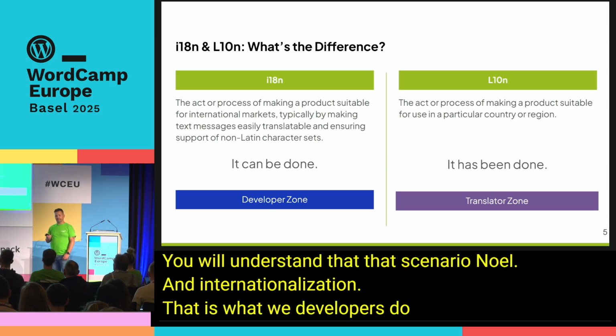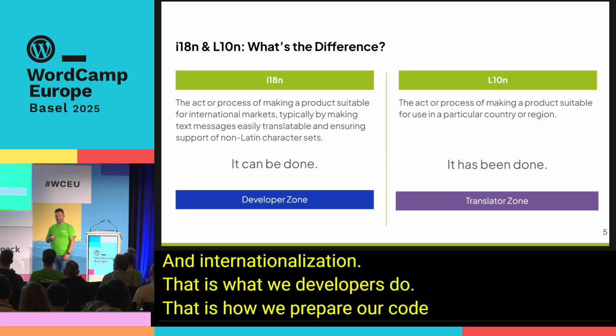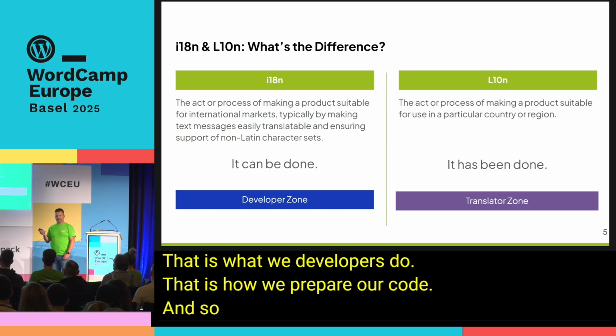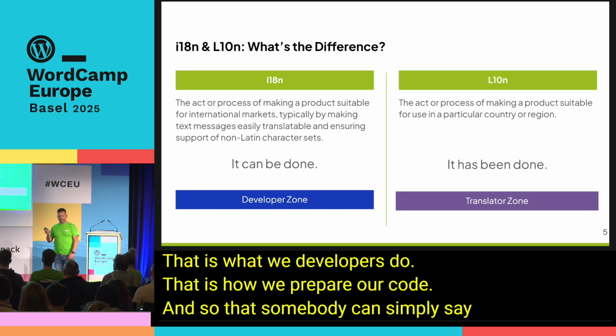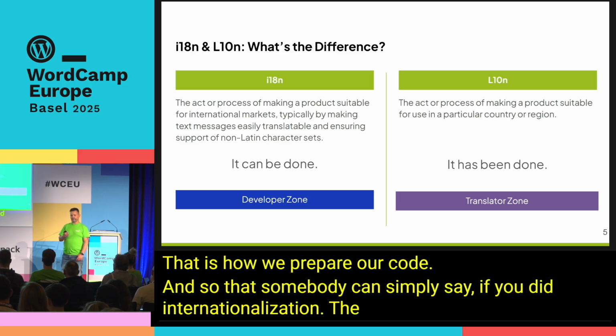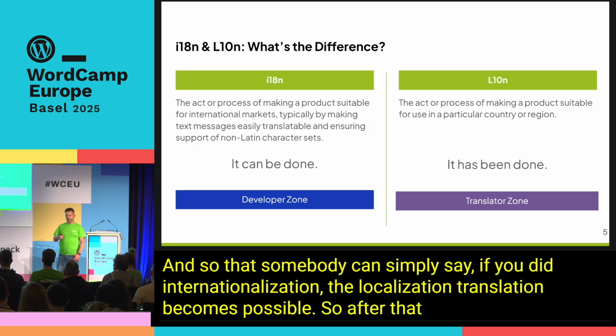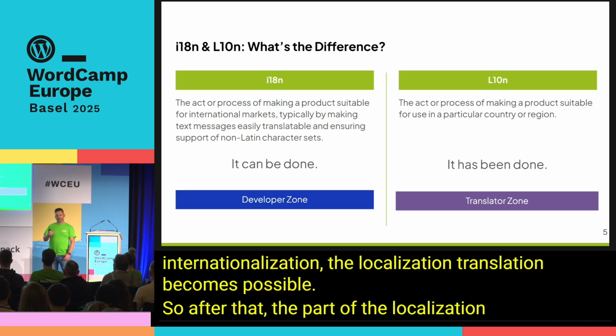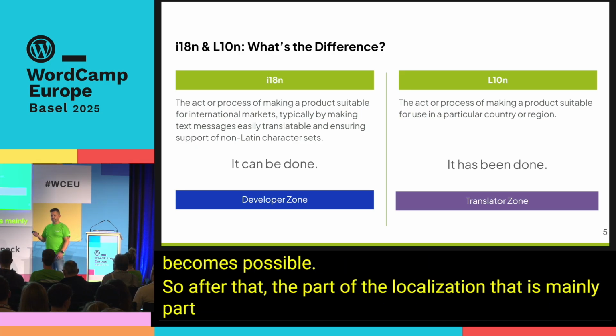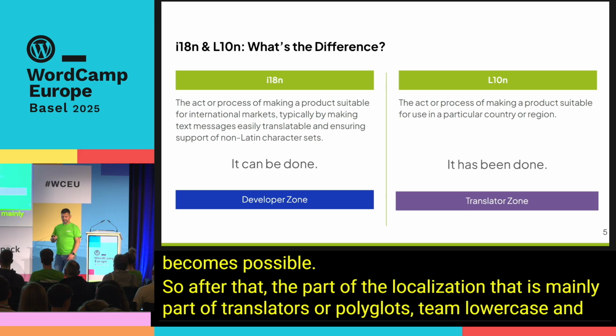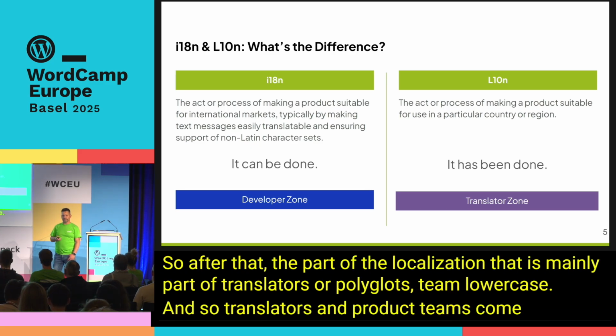It is how we prepare our code, so that if you did internationalization, localization and translation become possible. After that, localization is mainly the part of translators or the polyglots team in our case. So translators and product teams come in when it comes to localization.